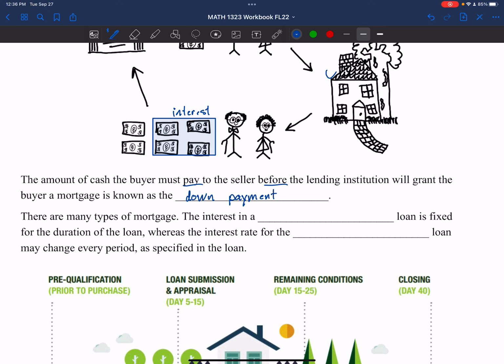In a fixed rate loan, the interest is fixed during the duration of the loan, whereas adjustable is another word for variable, and typically mortgages use an adjustable rate loan. It may change every period as specified by the loan.